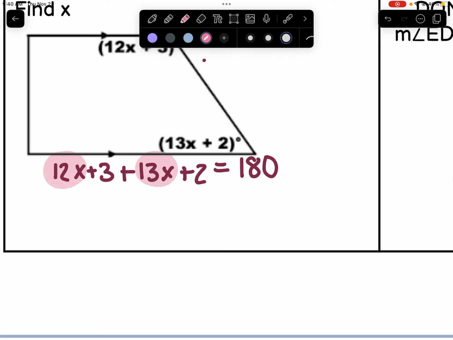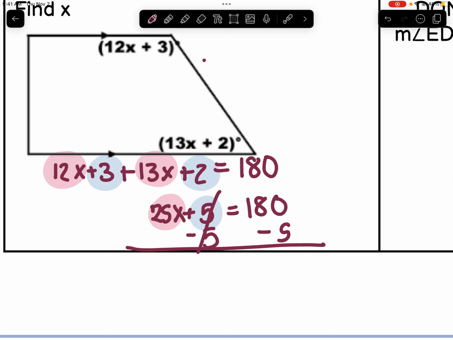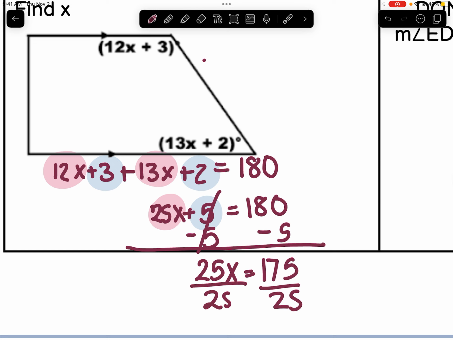We're going to combine like terms and find that 12x plus 13x is 25x, 3 plus 5 is 8, and we continue to isolate our variable. We start off by subtracting 8 from both sides. We get 25x equals 175, and divide by 25 on both sides, and we find that x equals 7.